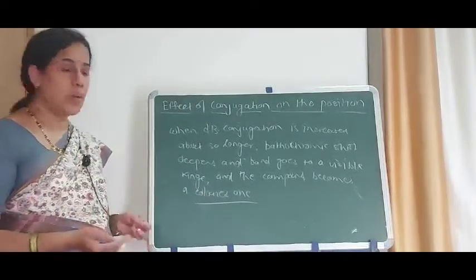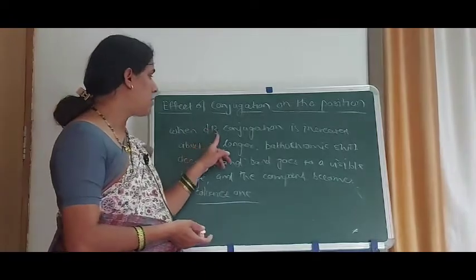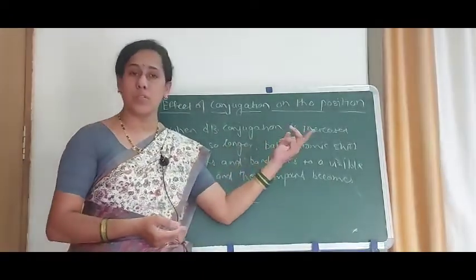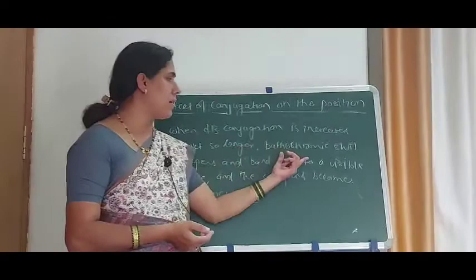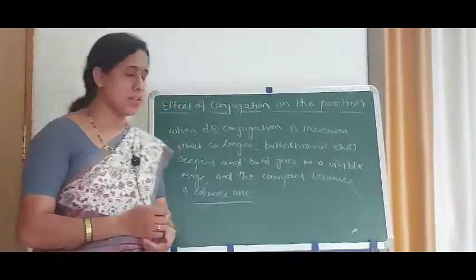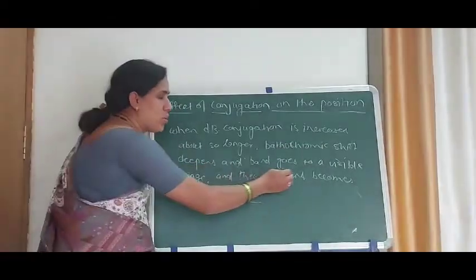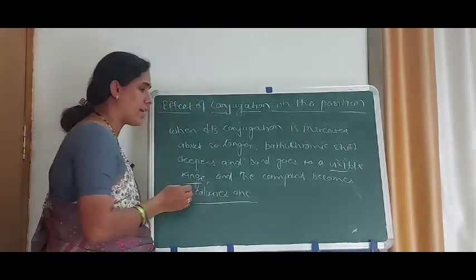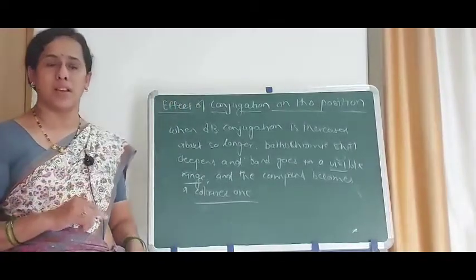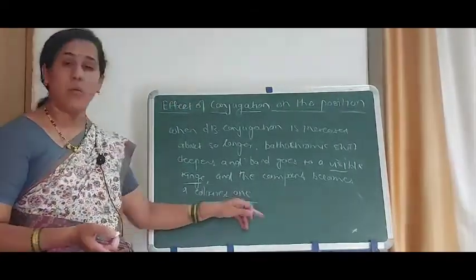When the compound contains double bond conjugation that is so long, the bathochromic shift deepens and the UV band goes to the visible range, and thus the compound is colored.